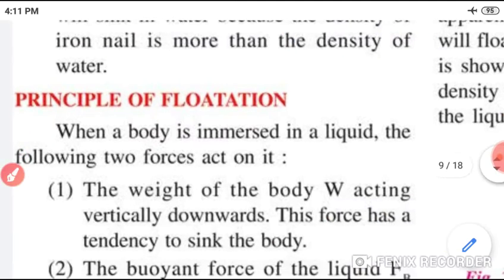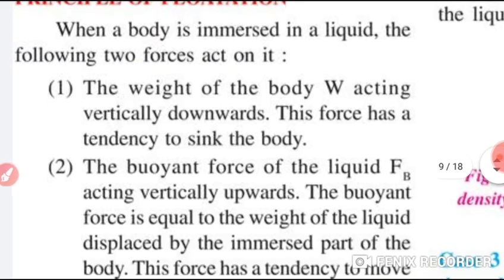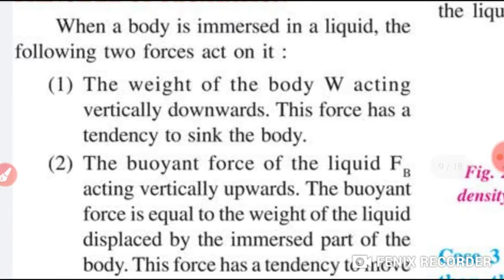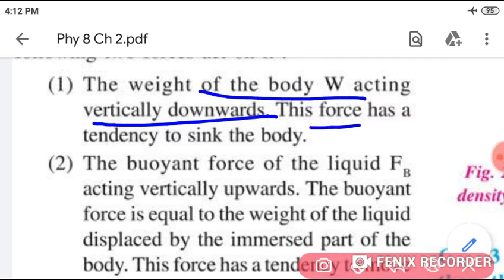Now, students, let's see the principle of flotation. When a body is immersed in a liquid, two forces act on it. The first is the weight of the body W acting vertically downwards. This force has a tendency to sink the body.